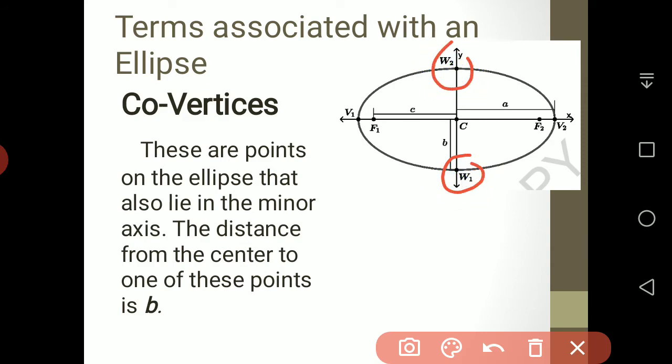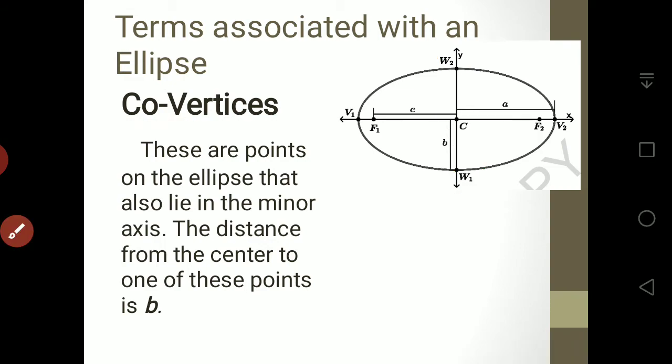The co-vertices are again important terms associated with the ellipse, and the distance from the center to one of the co-vertices is b, which means that the width of our ellipse is 2b, while its length is 2a.